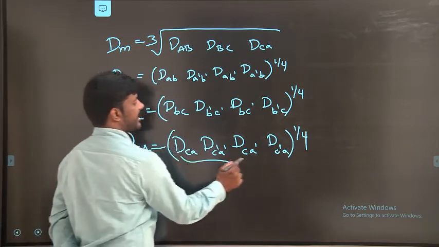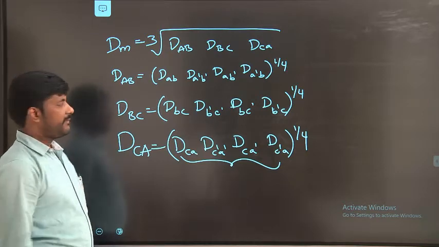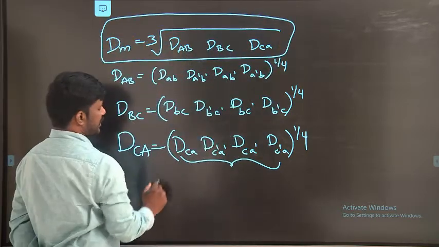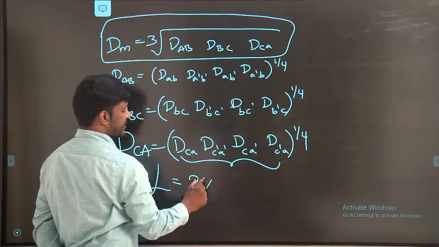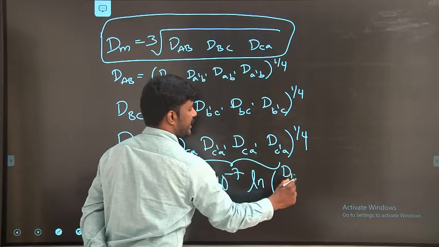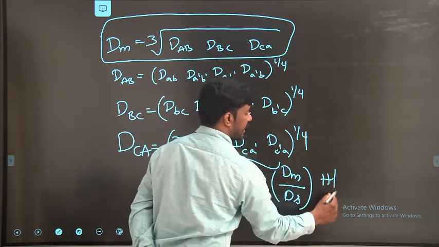How many terms you are getting? Take 1 by that many terms. With all these three, you can calculate this dm. Finally, for a double line circuit also, we will calculate its inductance value 2 into 10 power minus 7 ln of dm by ds, whose unit is Henry per meter.